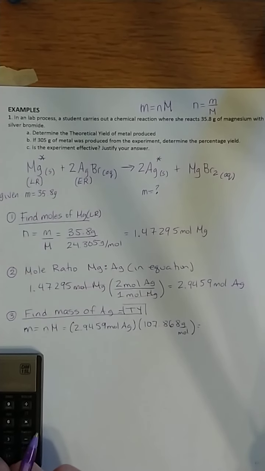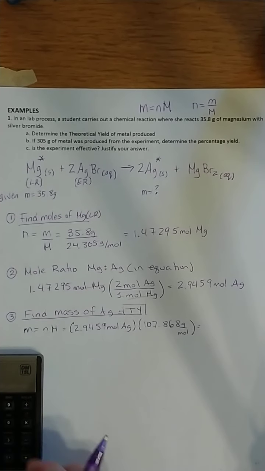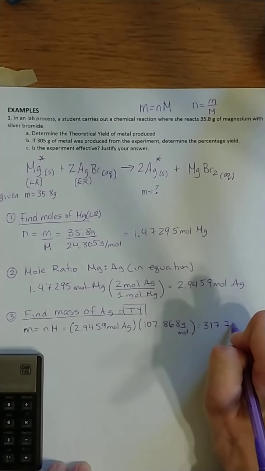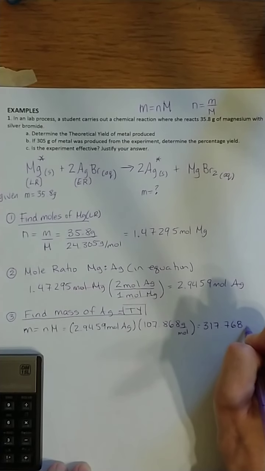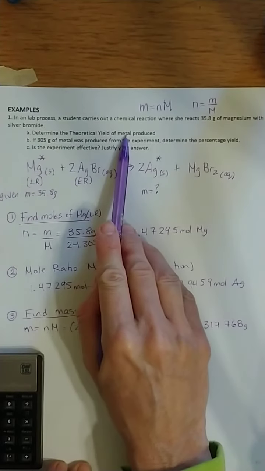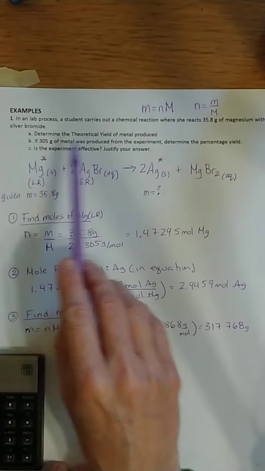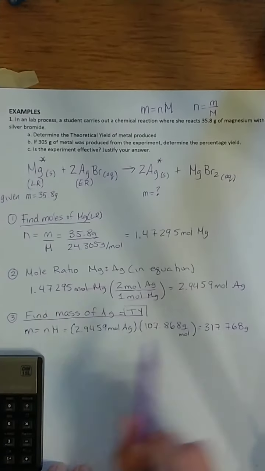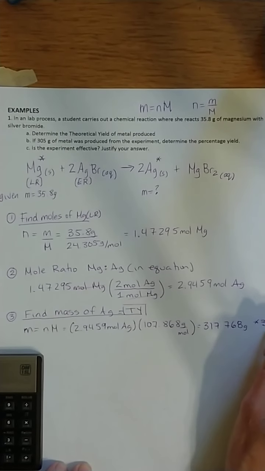When we multiply these moles, you can just leave the number in your calculator, by 107.868, we get 317.768 grams. So now we got to go back. This is our final answer for A. This is our theoretical yield, but we need it to be in proper sig figs. So when you go to the question, 35.8 is 3 sig figs.